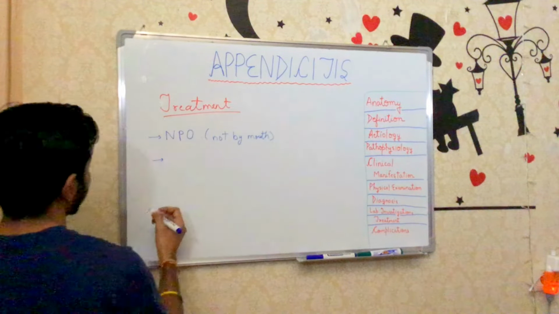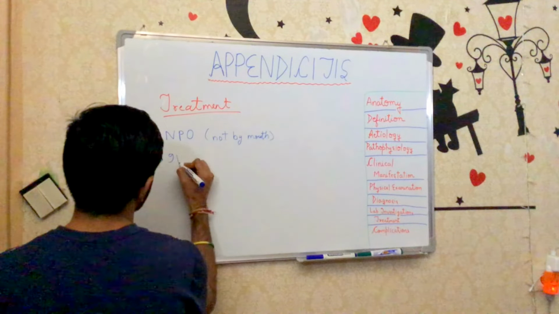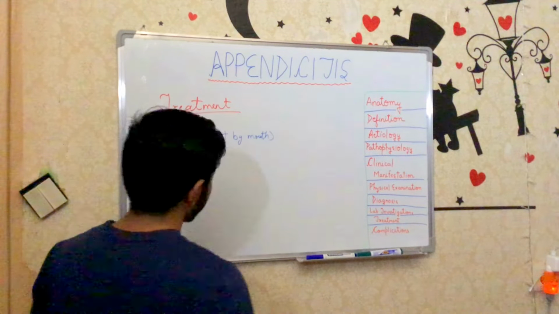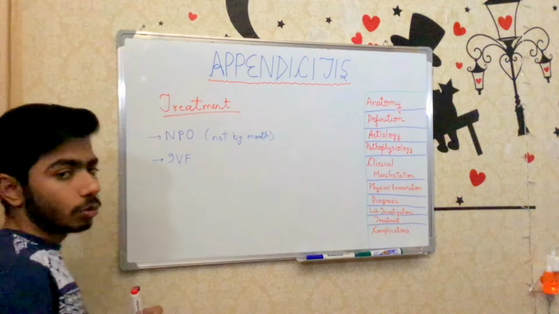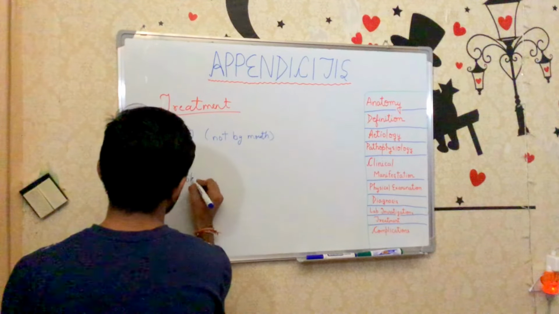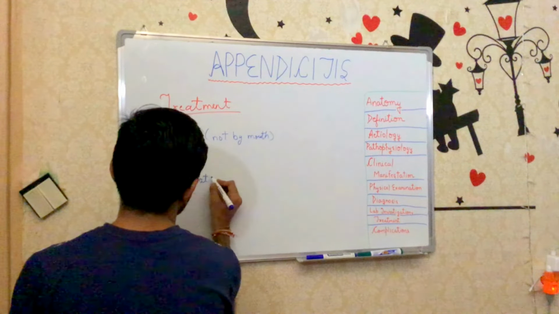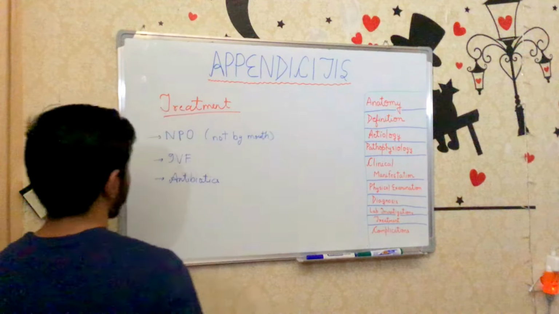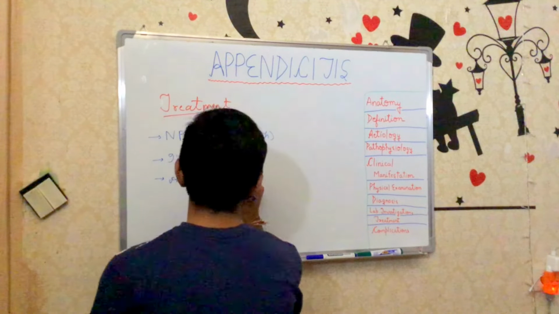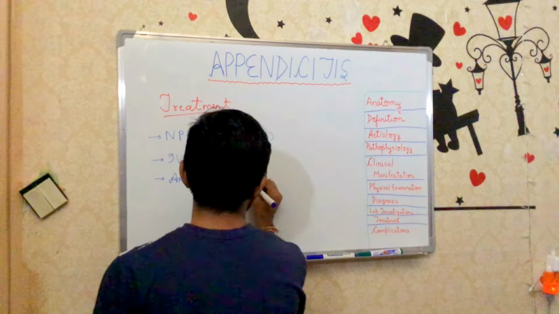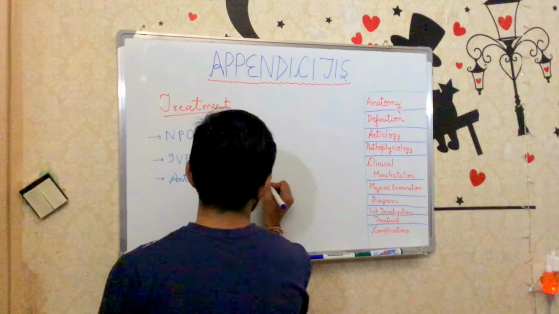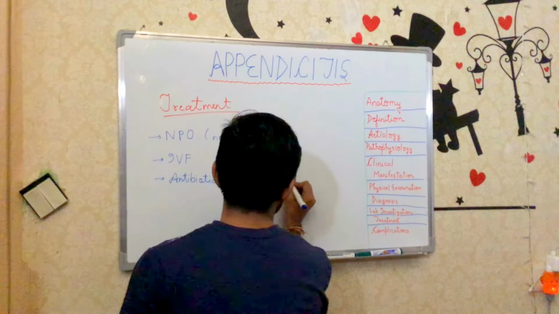As these persons don't want to eat, they should have electrolyte balance. So we should go for IVF, intravenous fluid. Also, as there is the invasion of bacteria, there will be antibiotics, for example, cefotetan and cefoxitin.